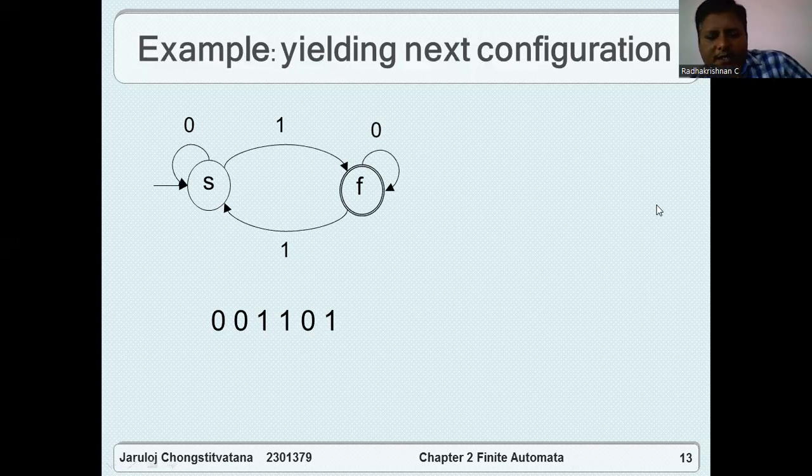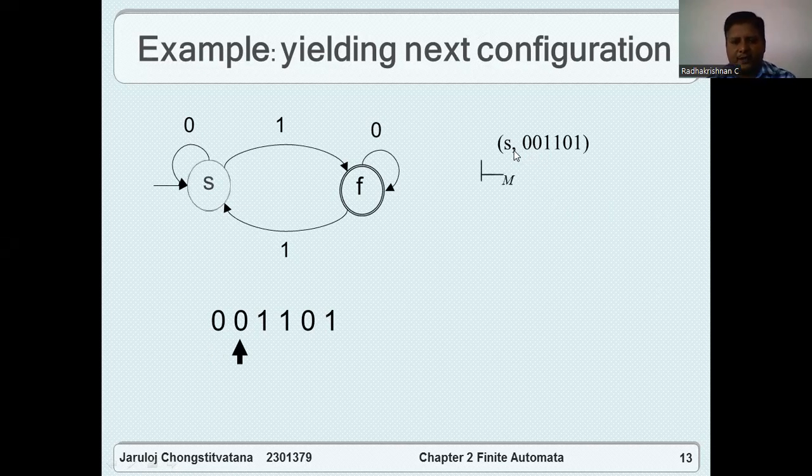Now consider an example of how the input is parsed in terms of derivation steps. The same concept applies. The current state will be S and the reader input is 0, 0, 1, 1, 0, 1. Now S comma 0, what is the next state?